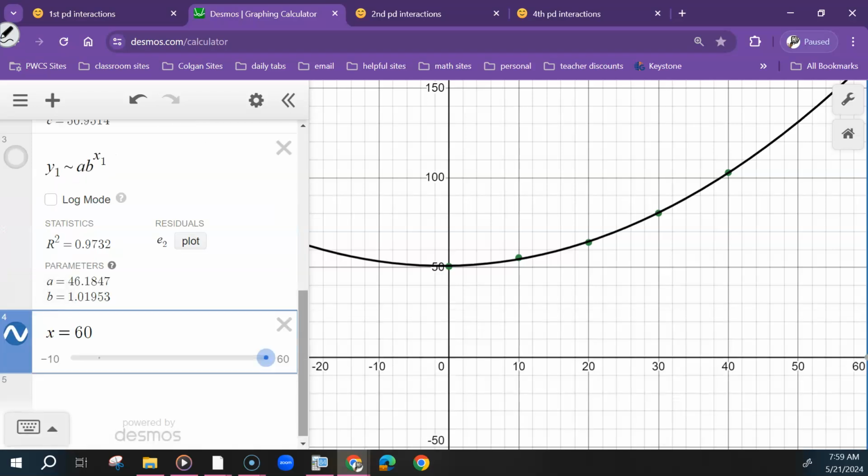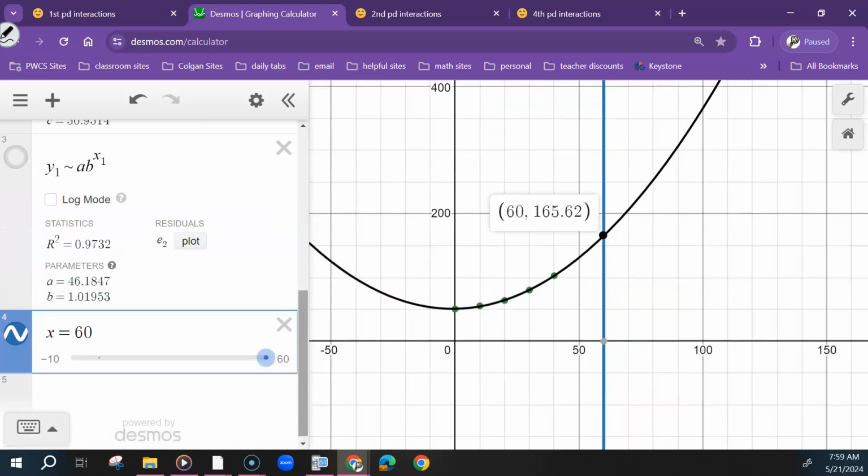And find where those two lines cross. 165.62, and that's in thousands.